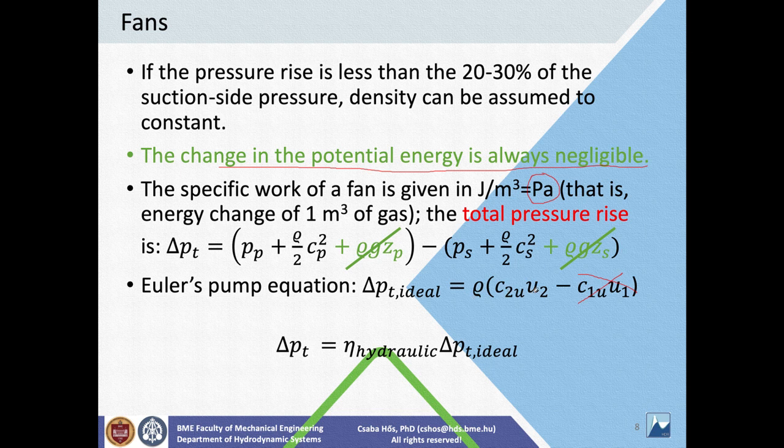Euler's turbine equation gives you the total pressure difference in terms of the internal workings of the fan or the pump. So this will include revolution number, impeller diameter, blade angles, etc. This equation is concerned with the internal structure of the machine, the size, the revolution number, the number of blades, etc. Whereas the other equation handles the machine as a black box.